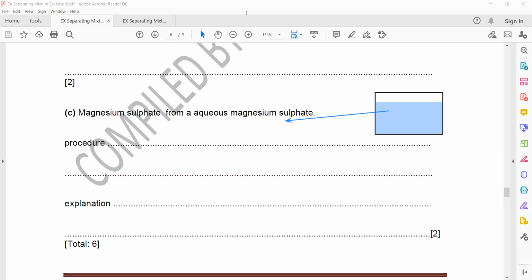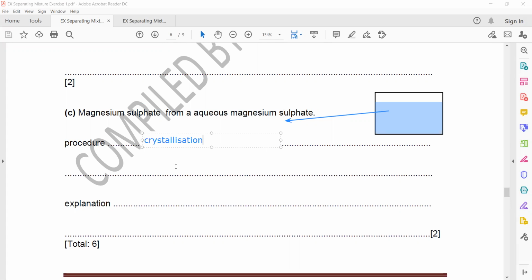So how can I obtain a salt from this? I can use either evaporation or crystallization. The method we will use to obtain this is crystallization.